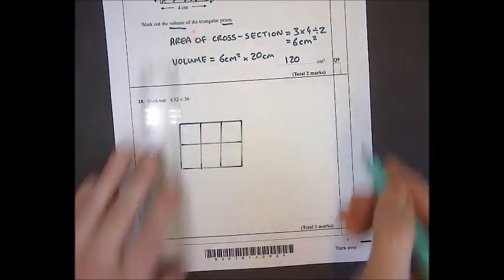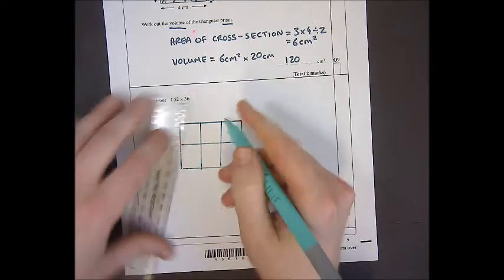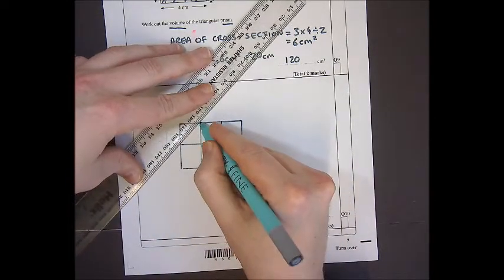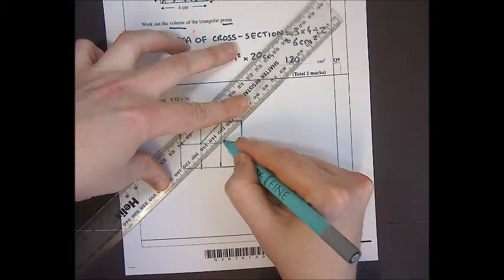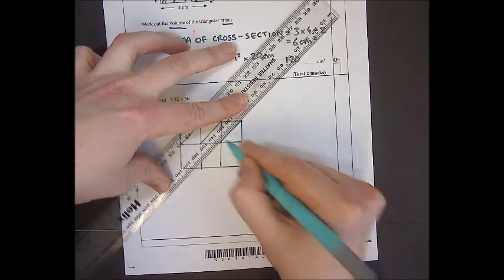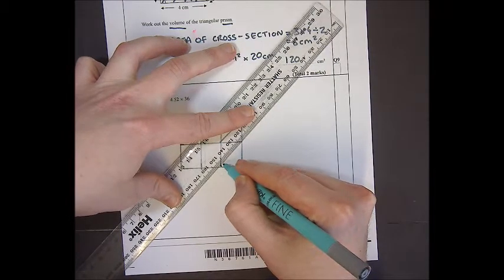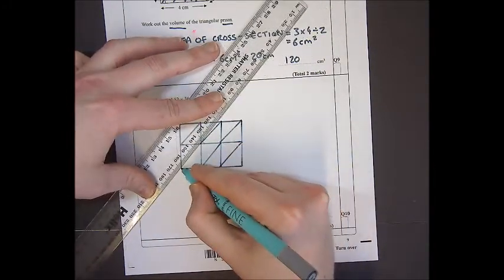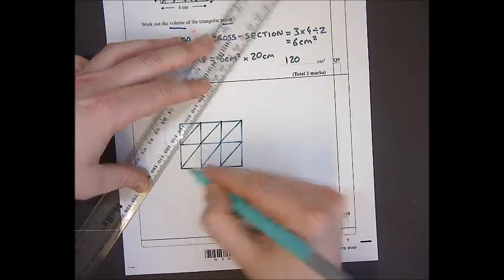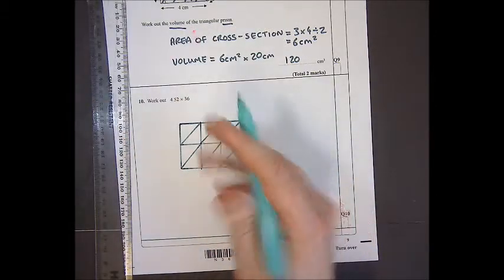Now it is worth 3 marks, so it would be a shame if we got the answer 1 digit out and we lost all our marks. So it is useful to show your working, and that's why you really should pick one of these methods rather than doing something informally in your head.